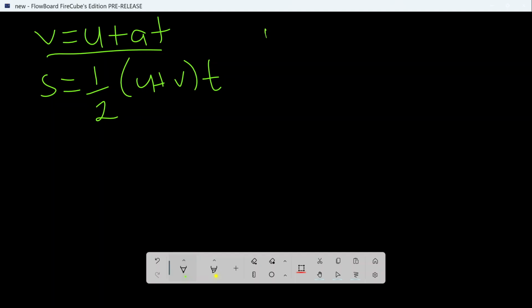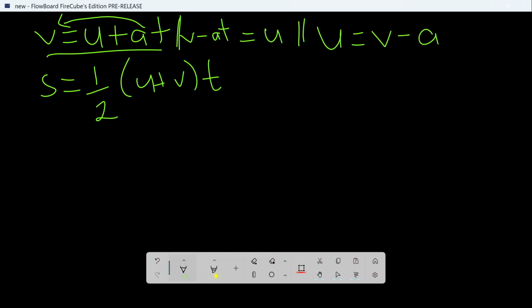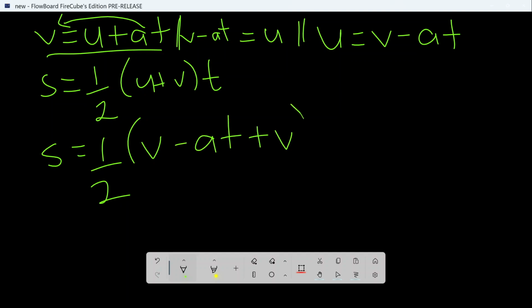So u is equal to v minus at. So this means I can come here where I have u and replace u with v minus at. So s will be equal to a half (v minus at plus v).